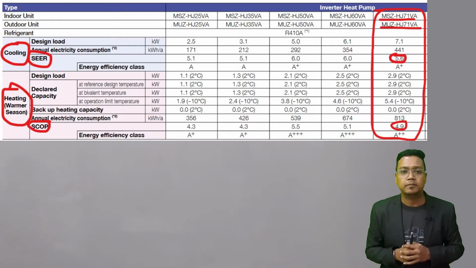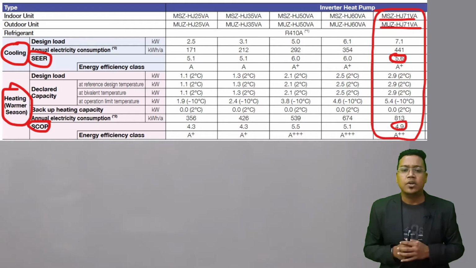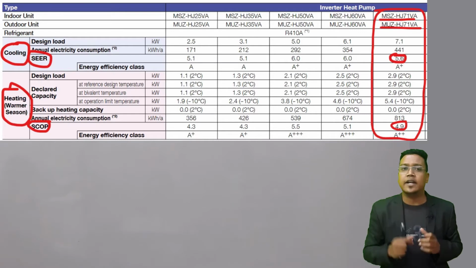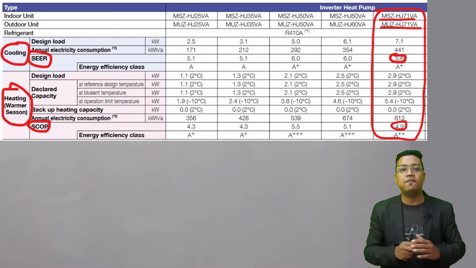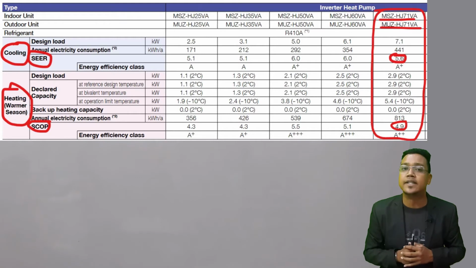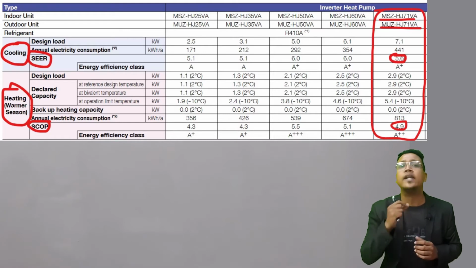I'll explain. Okay. Now, in that case, you can see that for cooling, the word SEER is written. And for cooling, what is the SEER? 5.6. Remember here, what is S? And ER, you know, is energy efficiency ratio. What is S?